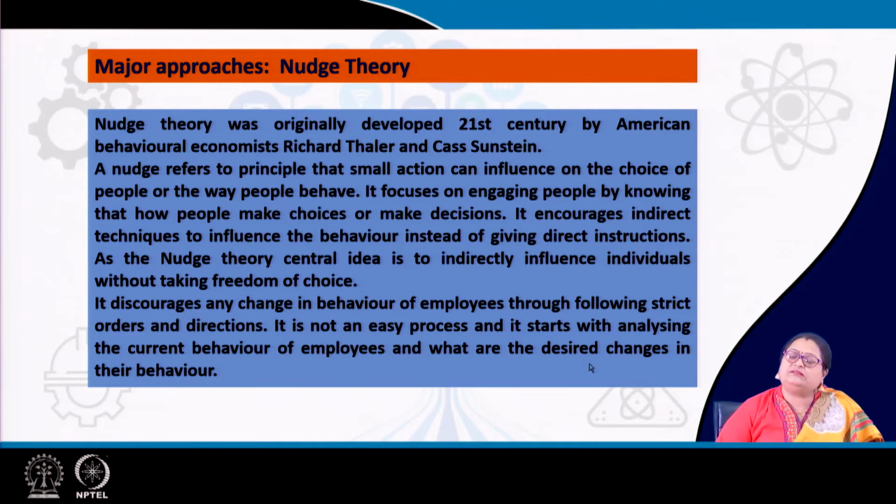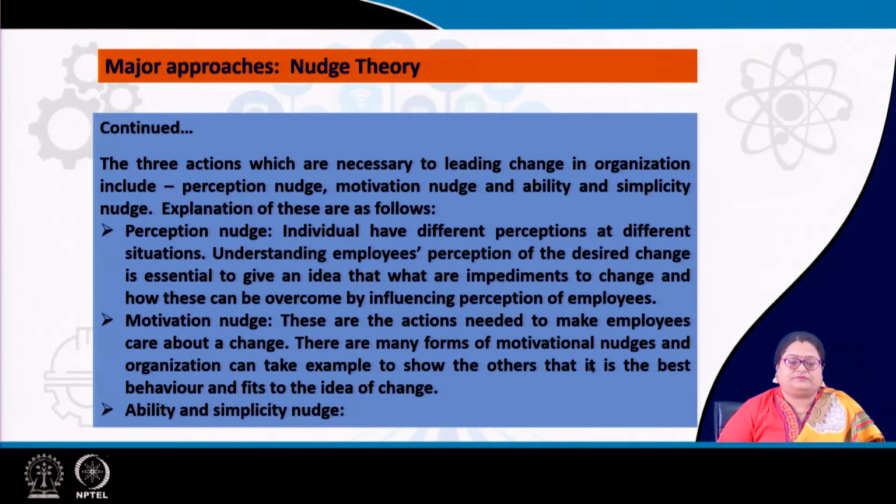We have to understand these things very carefully. The three actions which are very necessary to leading change in an organization include the perception nudge, the motivation nudge, and the ability and simplicity nudge. We will be explaining these three things in detail.